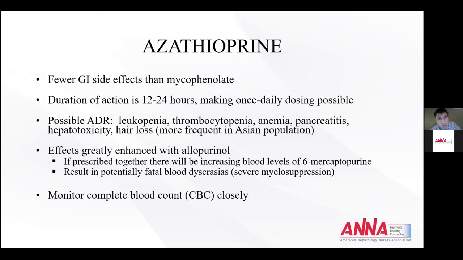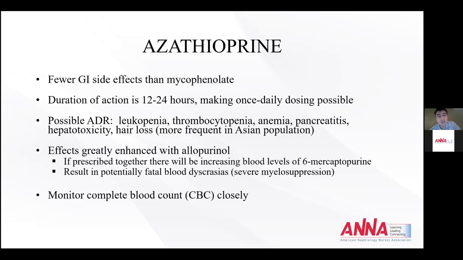Again, remember purine, azathioprine, think purine. So be cautious because sometimes patients are on allopurinol. The effects when you have those both combined together are greatly enhanced. They're greatly enhanced when you have a combination of azathioprine and allopurinol. Remember, there are 3 different metabolites.